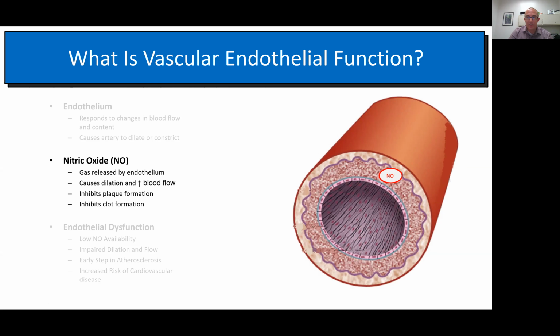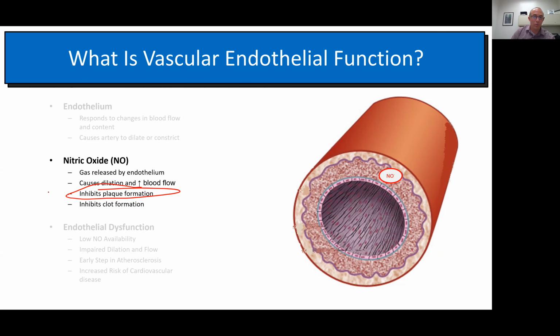Not only does nitric oxide cause the artery to dilate, but it also inhibits a lot of nasty stuff that happens with aging and disease. It inhibits plaque formation. So atherosclerosis is the accumulation of plaques, right? The more nitric oxide you have floating around, the less that plaque is going to form.